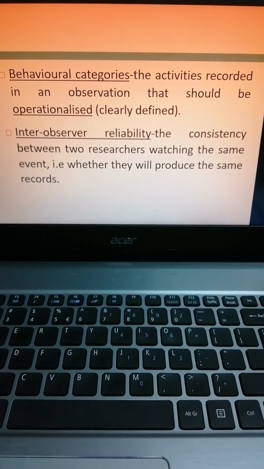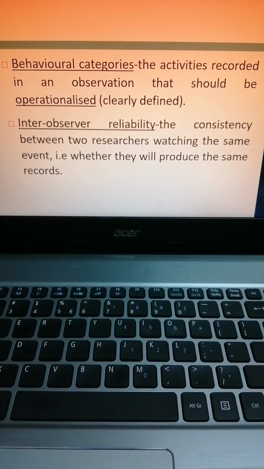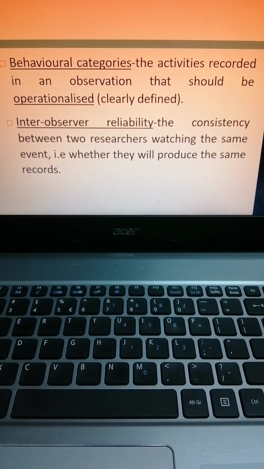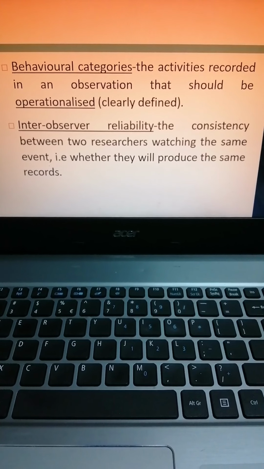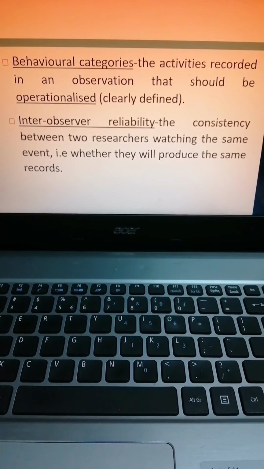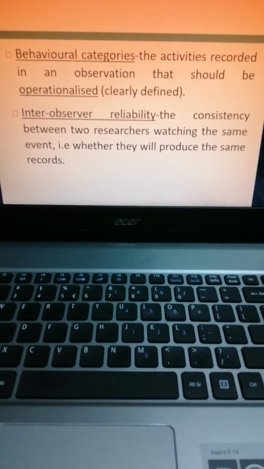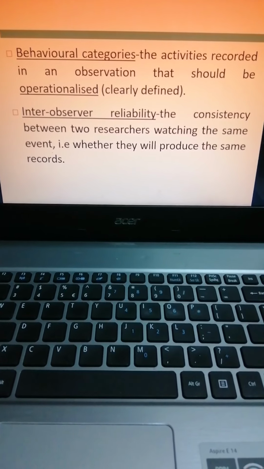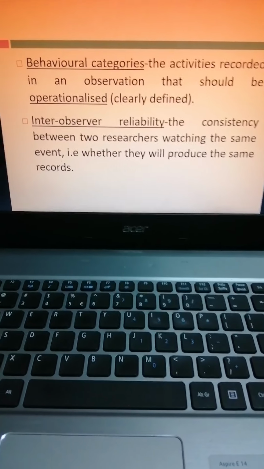When it's consistent, it's reliable and it's trustworthy. So when there are two observers and these two observers have come up with the same data, the same information, it means that the study is highly reliable. As a researcher, we want to have highly reliable data because we want people to believe in our study.